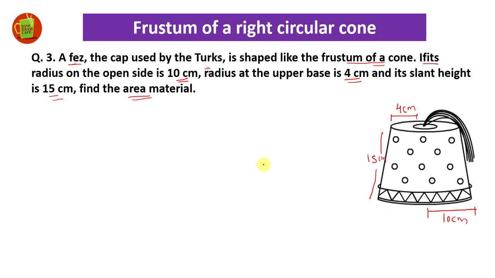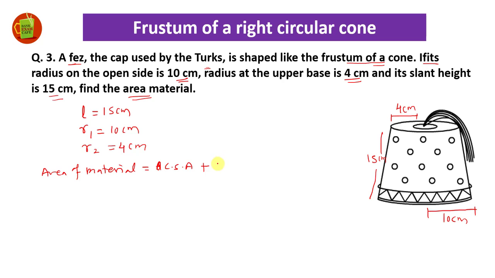So here the given thing is that slant height is equal to 15 centimeter, radius of this base is 10 centimeter, and the radius of this closed base, that is r2, is equal to 4 centimeter, and therefore the area of material is equal to curved surface area of frustum plus area of circle.